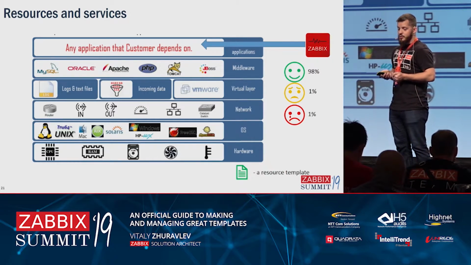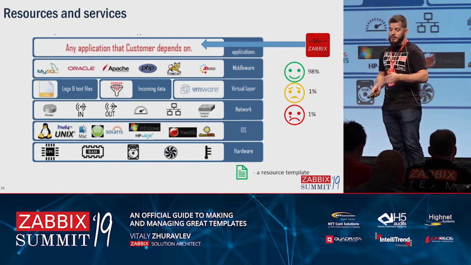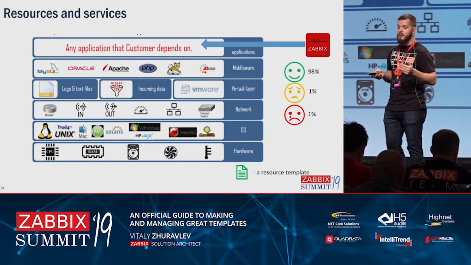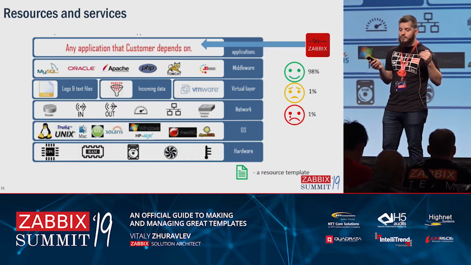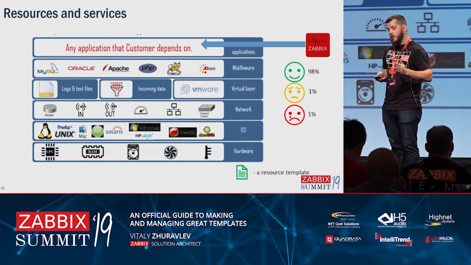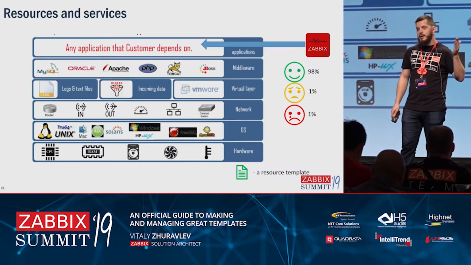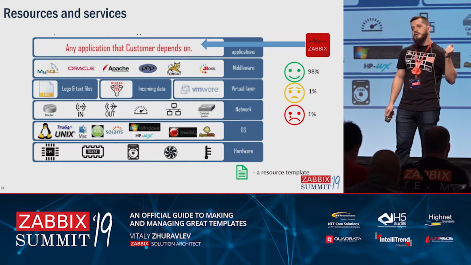So just a quick example: we have completely different components in our IT infrastructure, in our architecture, and on top of that, we have our business service. There are different approaches to monitor that.